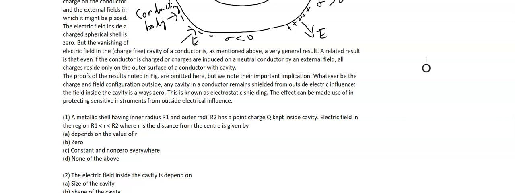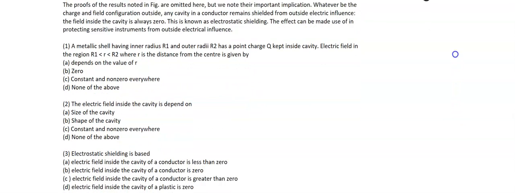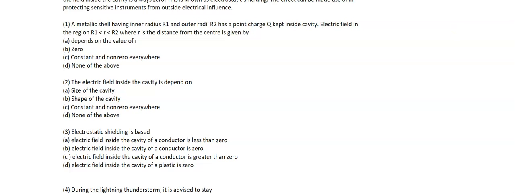Now, based on this paragraph, these questions are asked. First question: the metallic shell having inner radius R1 and outer radius R2 has a point charge Q kept inside the cavity. Electric field in the region R1 < R < R2, where R is the distance from the center, is given by: A, depends on the value of R; B, 0; C, constant and non-zero everywhere; D, none of the above.